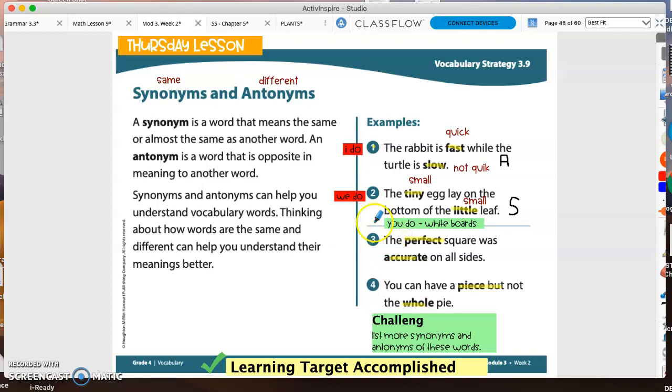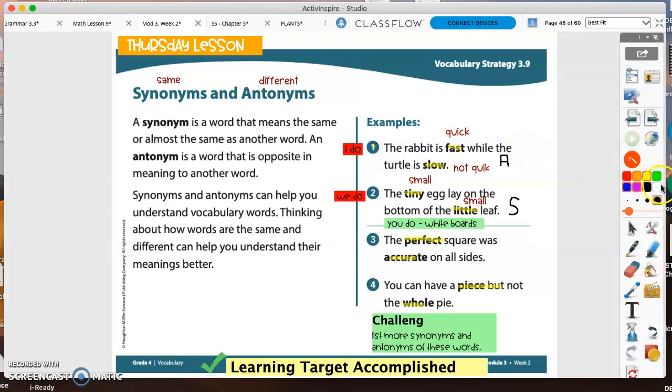So you're going to look at number 3. The perfect square was accurate on all sides. So you're looking at the word perfect and accurate. And on your piece of paper, you're going to tell me, are those synonyms or antonyms? And you will do the same thing for number 4. So you may want to pause this video and do that real quick.